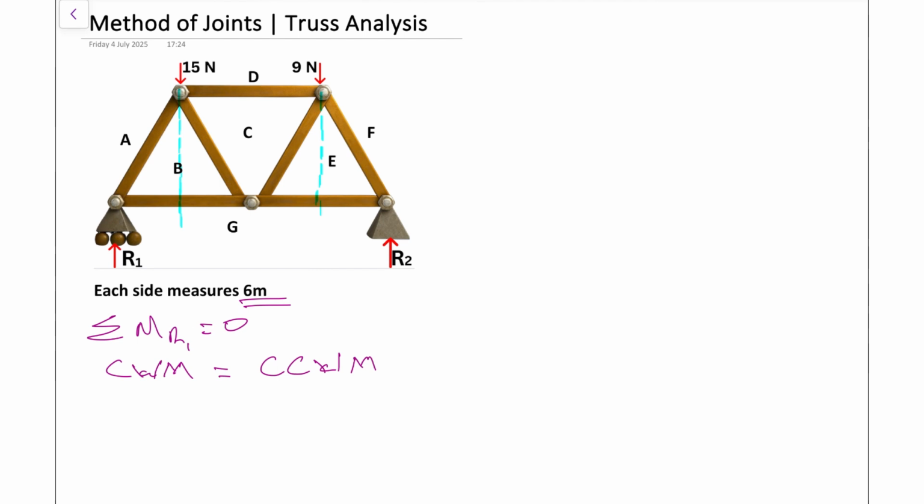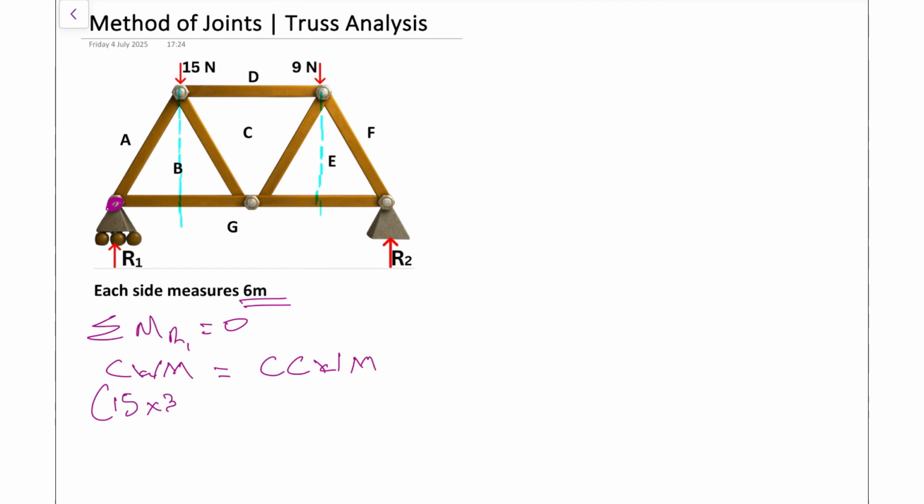If we imagine this thing rotating at R1, would that 15 newtons be going clockwise or counterclockwise? Of course, you can see it's going to go clockwise. So what we would have is 15 multiplied by the length. If each side is 6 meters and this comes right down the middle, then that's 15 multiplied by 3.